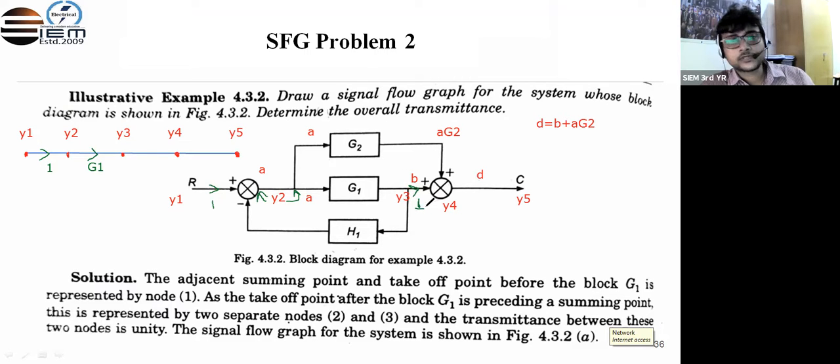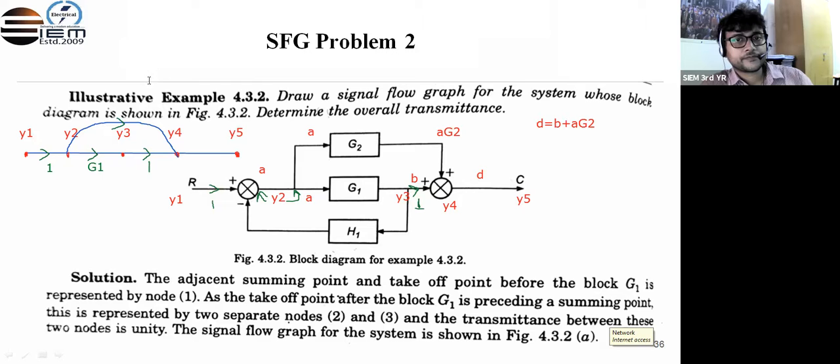Then y3 to y4, this will be 1, so you give it as 1. Now y2 to y4, what is the forward function? G2. y2 to y4, there is a forward function, that is G4.